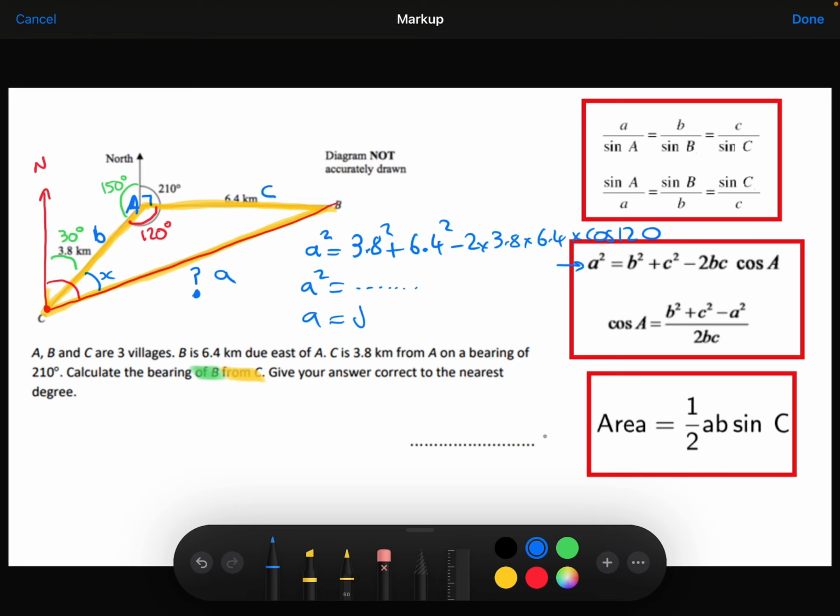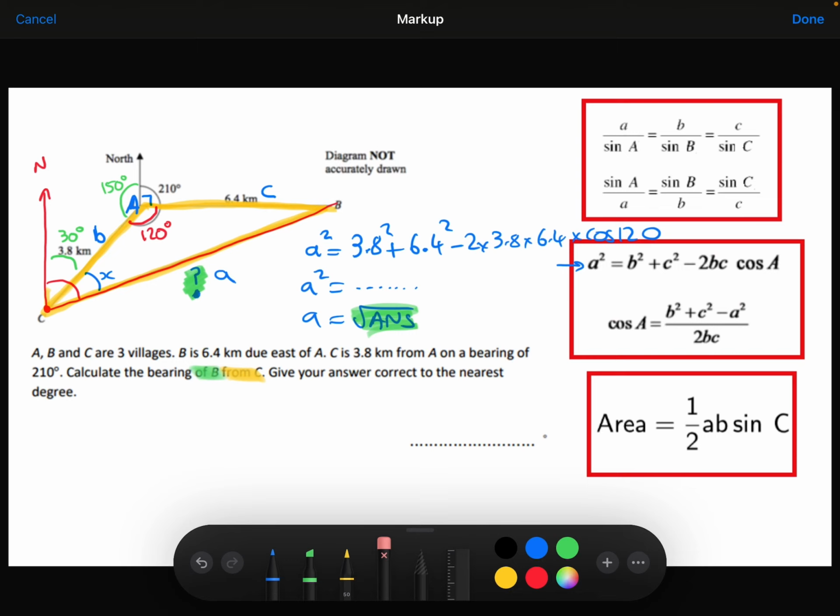And then I can square root that to actually work out the side that I need. So I have now worked out this length here. And now I know all three sides of this yellow triangle. I can work out the angle x.